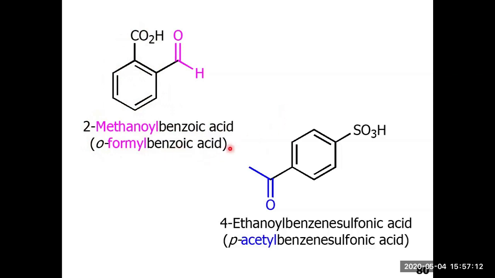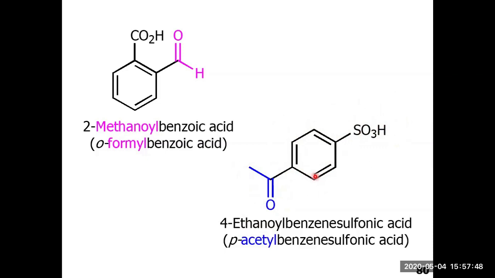Okay, now let's try to consider this other example here. So we have here a benzene ring and we have two substituents. So we have here a sulfonic acid group and an ethanoyl group. So between the sulfonic acid and the ethanoyl group, the sulfonic acid is the priority. So this one will contribute to the new base name of this benzene ring.